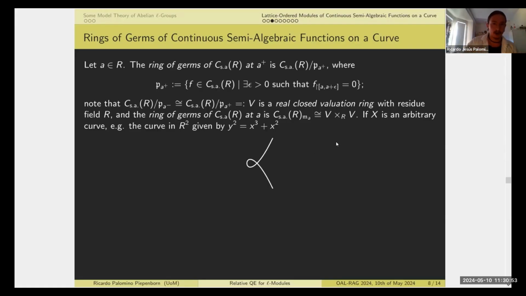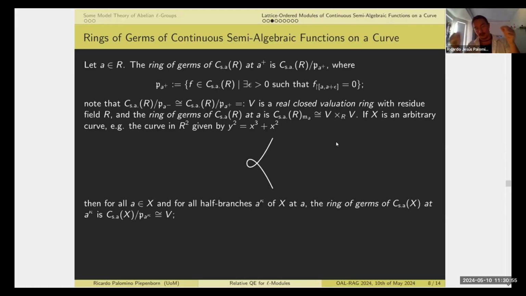And in a very similar way to what we've done in the case of the line, you can consider rings of germs at a half branch of a given point. And it turns out again that all such rings of germs at half branches are also isomorphic to this real closed valuation ring V, and they're also quotients by a corresponding prime ideal.